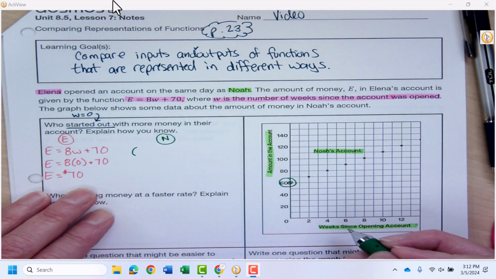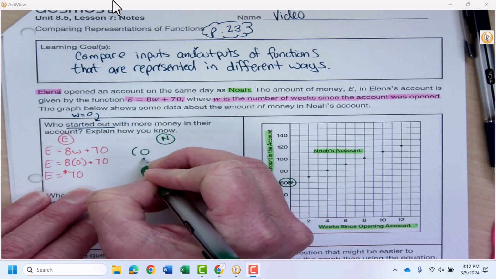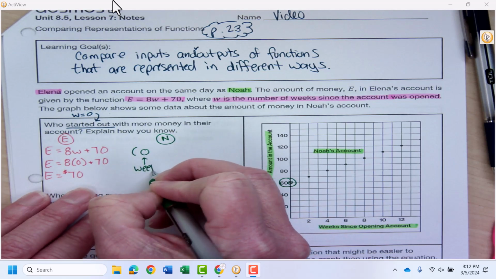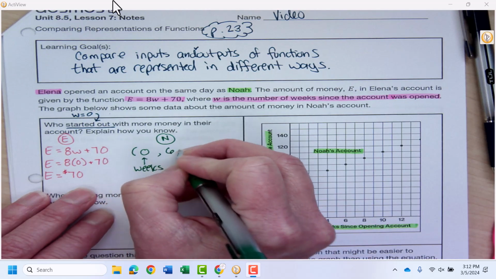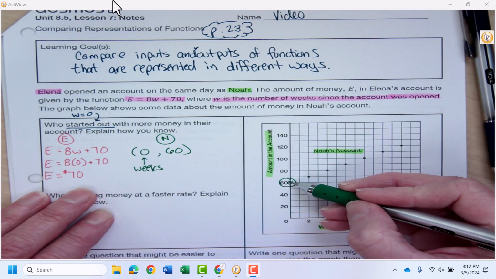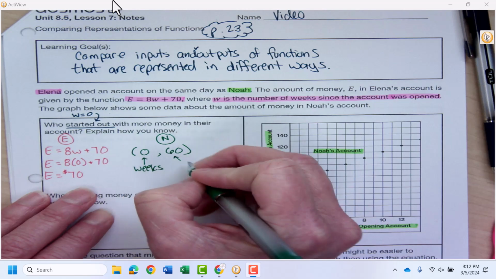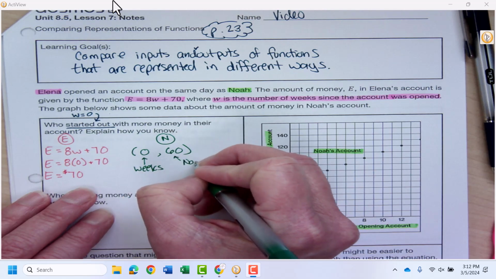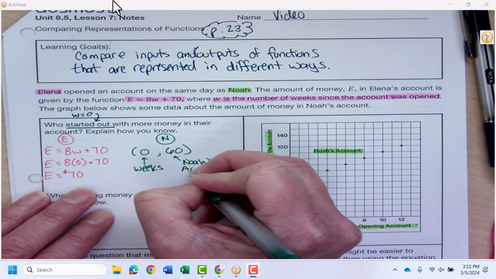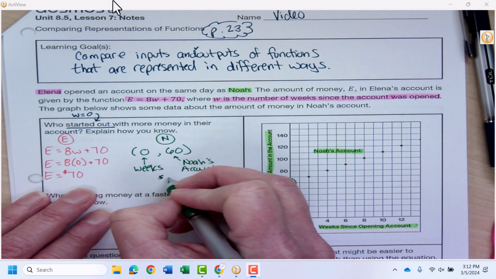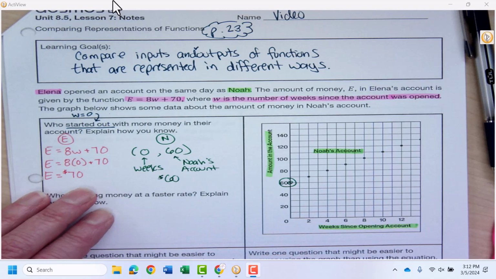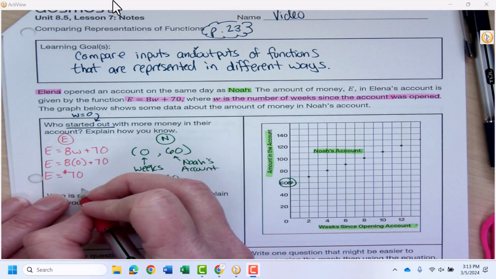So if it were a coordinate, we have 0 weeks and 60. That's the amount in his account. That's the coordinate right there. So Noah has $60 to start at 0 weeks. So we can say that Elena has more money at the start.